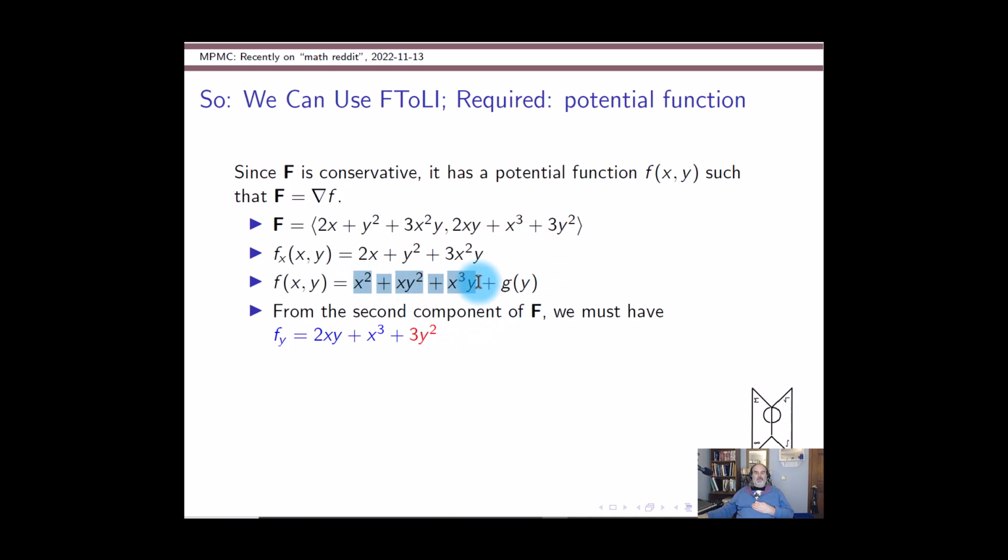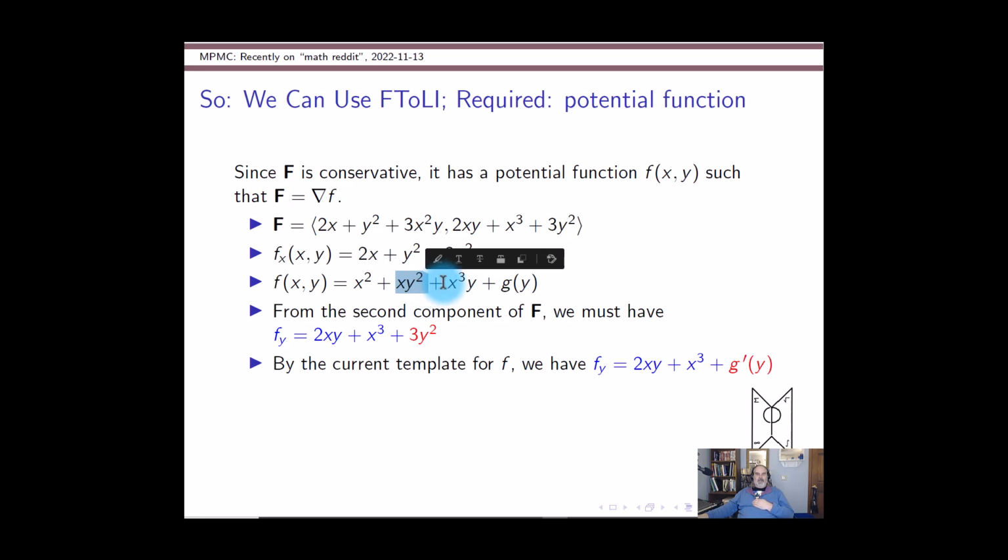But we have an 80% complete version of this potential function, and its derivative with respect to y looks like this. Derivative with respect to y of that, 0. With respect to y of this, 2xy. Derivative with respect to y of this, x cubed. Derivative with respect to y of this, I don't know, it's g prime.